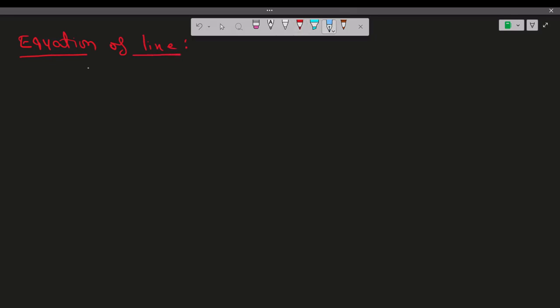Let us see. Till now, we know any linear equation represents a line. Then we have to understand what is a linear equation.